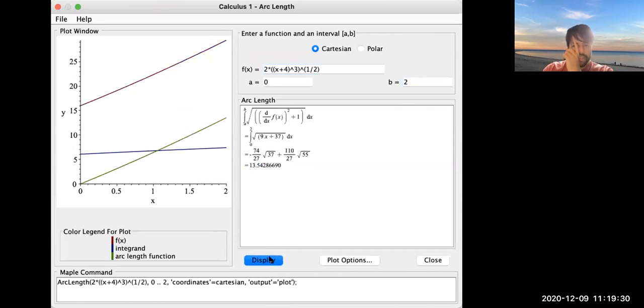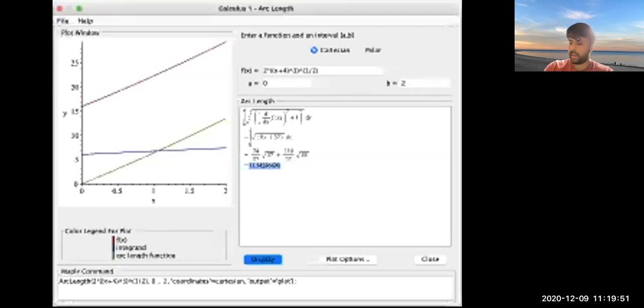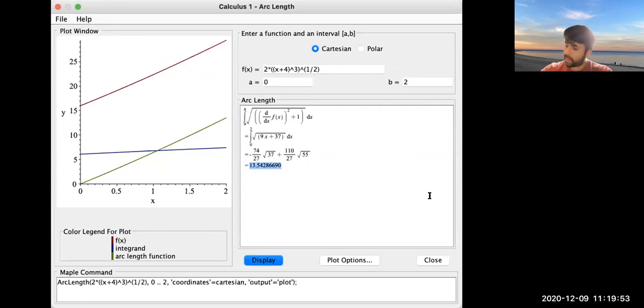When I display it, I get exactly the integral that I got originally, and I got something similar to that effect, but we have it in the factored form, and we get the same thing, right? 5.4286660. So it's all good. 5.4228. That's right. Okay. So far, so good.